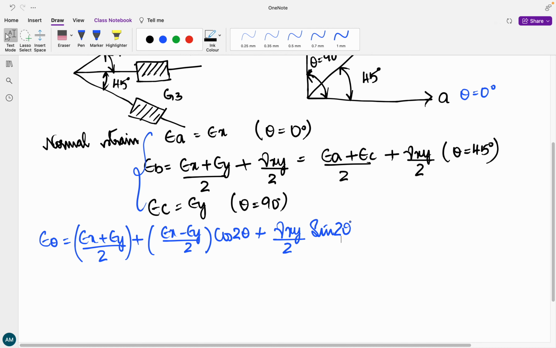Yes, in the previous video we had written this. We had arrived at the strain component at a point in any direction. We had obtained the value of epsilon theta as well as gamma theta. So based on this relation, just substitute theta is equal to 0 degree, you will get the first equation. Theta is equal to 45 degree, you will get this equation. Then theta is equal to 90 degree, you will get this.